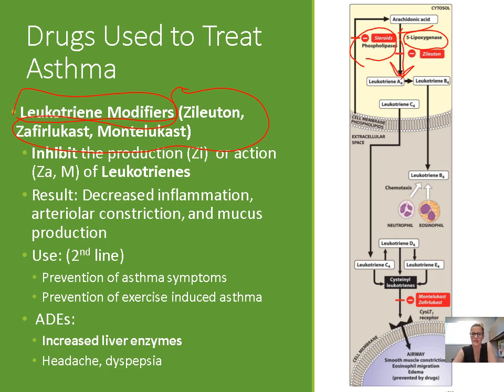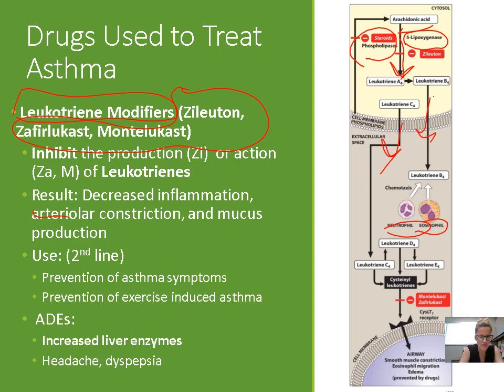There are numerous different types of leukotrienes, but ultimately they cause white blood cells to come to the area. That's positive chemotaxis. You can see they pull eosinophils and neutrophils to the area. They increase inflammation and cause bronchiolar constriction.